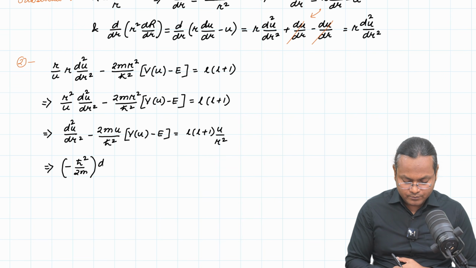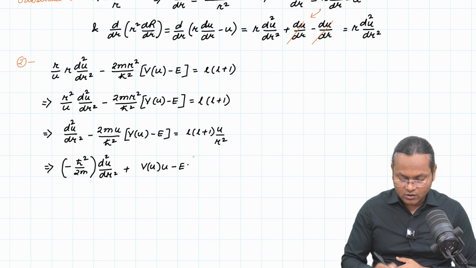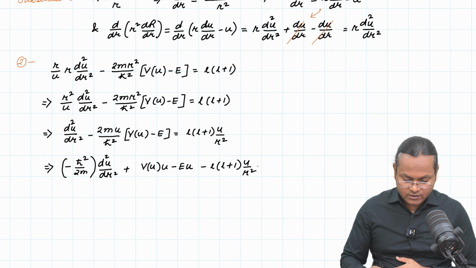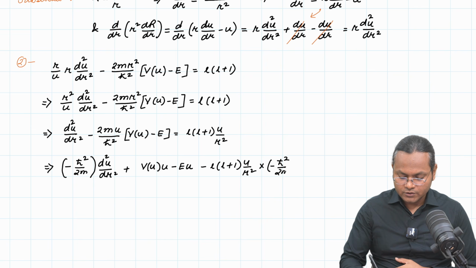On this side, d²u upon dr² plus V as a function of u times u, minus E, which is a constant, times u, and minus (L plus 1) u upon r square, which will be now multiplied by minus ħ² upon 2m, equals 0.